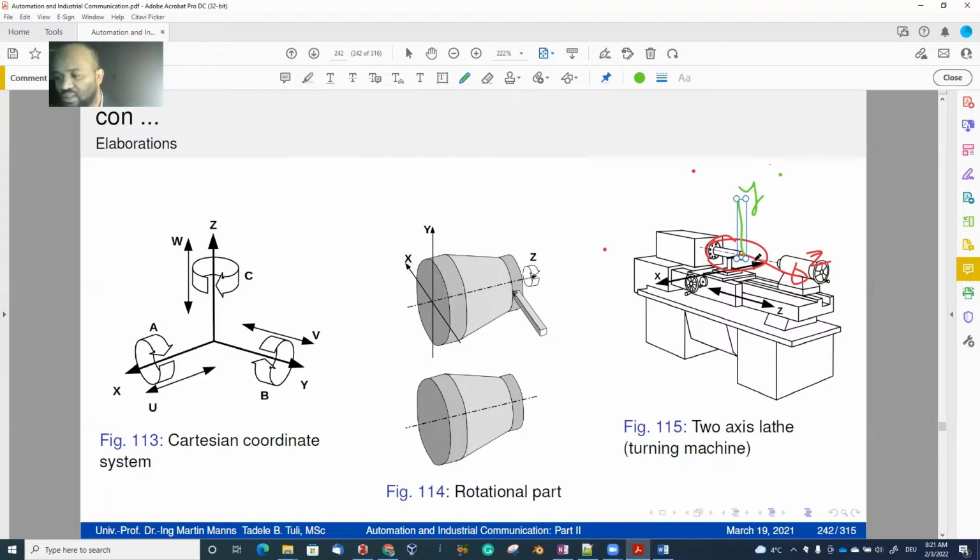Then there is the third axis, which is along the axis of the linear movement of the tool, which we said is the x-axis. So the x-axis, y-axis, z-axis.